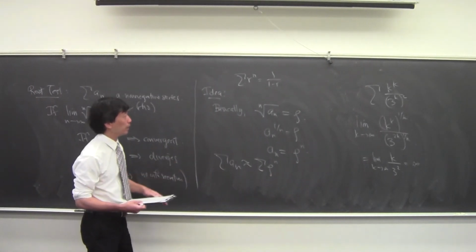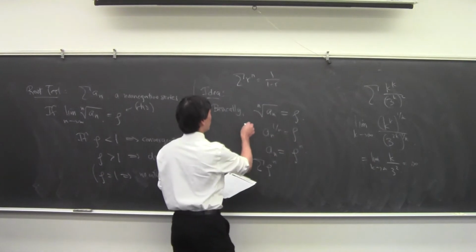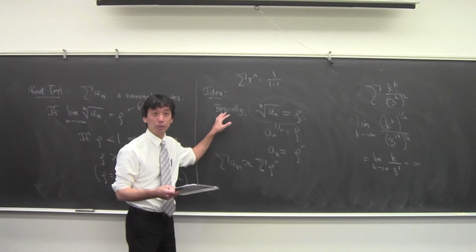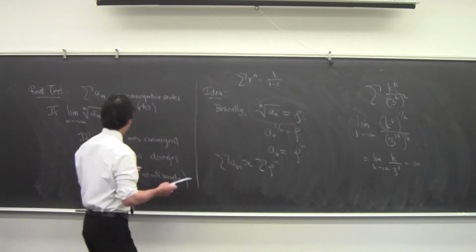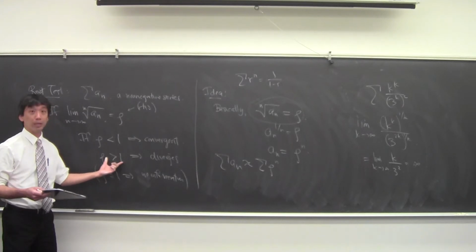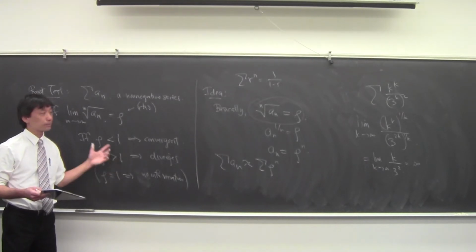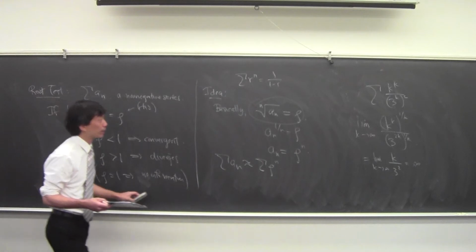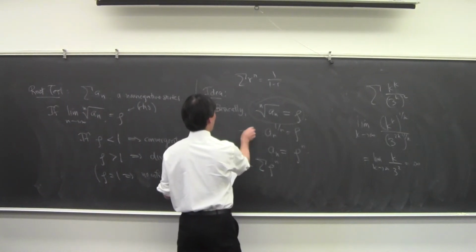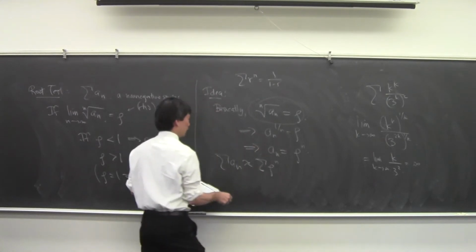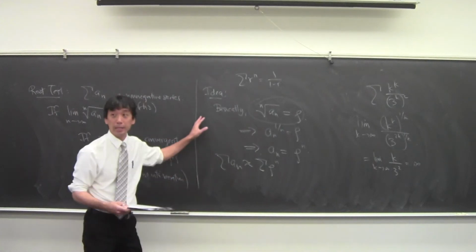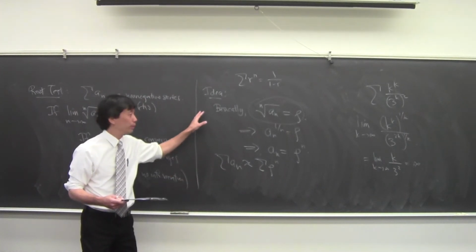So that's the idea: if this is true, then your series would be a geometric series. If it's less than 1, you're going to get convergence. If it's greater than 1, it's going to be divergent. That's the idea of the root test.